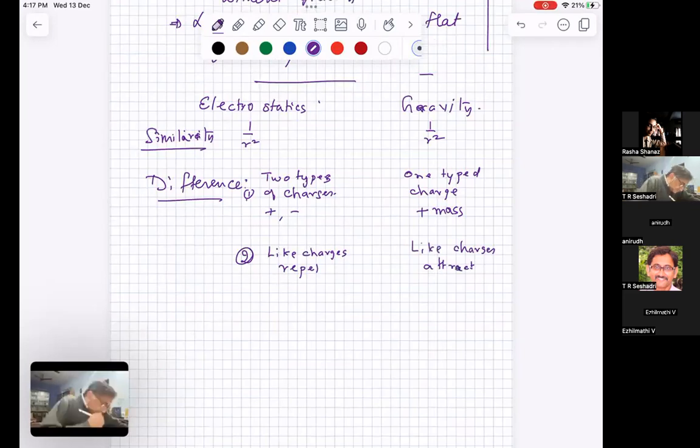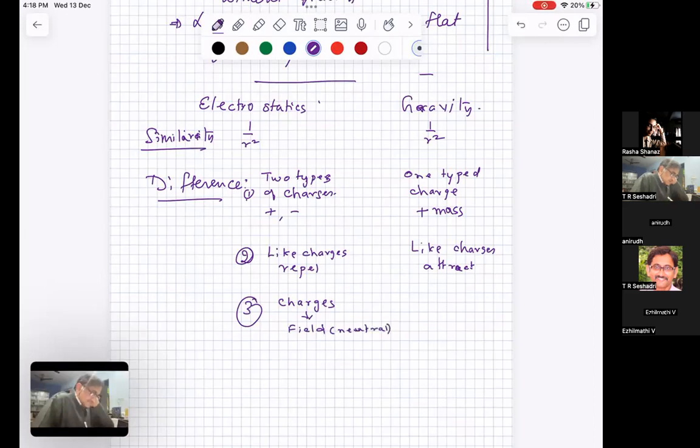But now there is one very big difference which will come and hit you in GTR, general relativity, which is in the case of electromagnetism, charges produce field, but fields themselves are neutral objects. They don't have charge.